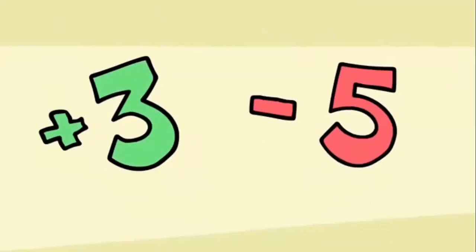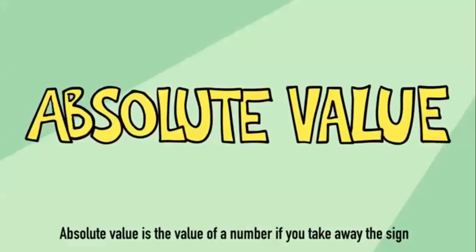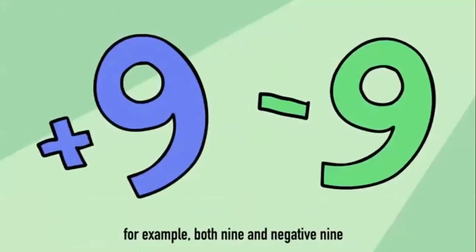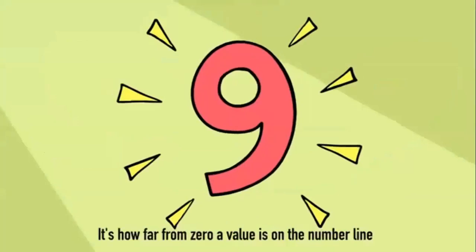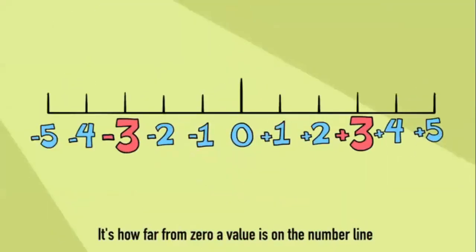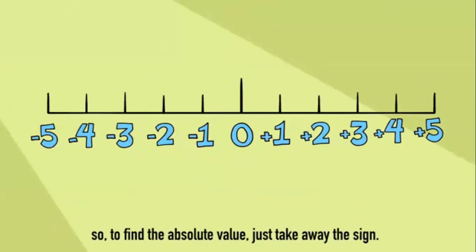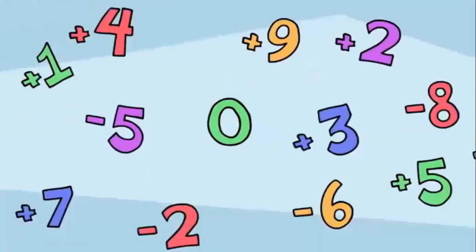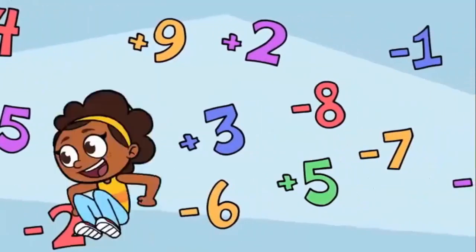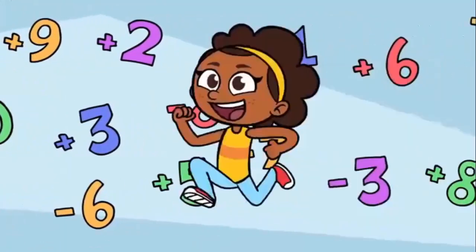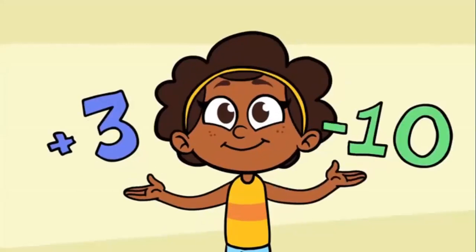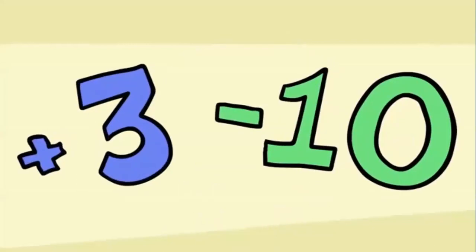But is their distance from zero positive or negative? If you took away the sign, for example, both 9 and -9 have an absolute value of just 9. It's how far from zero a value is on the number line. So to find the absolute value, just take away the sign. Take it away! Woo! We will always remember to define integer as a positive or negative whole number.